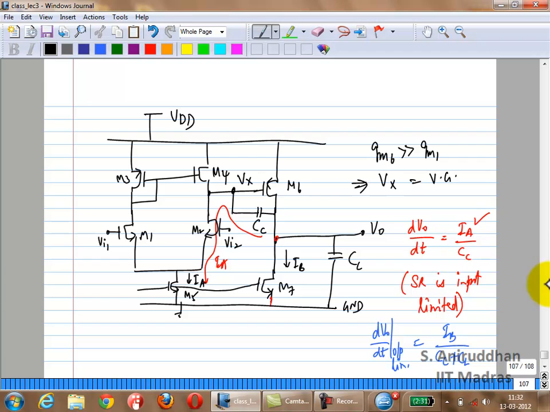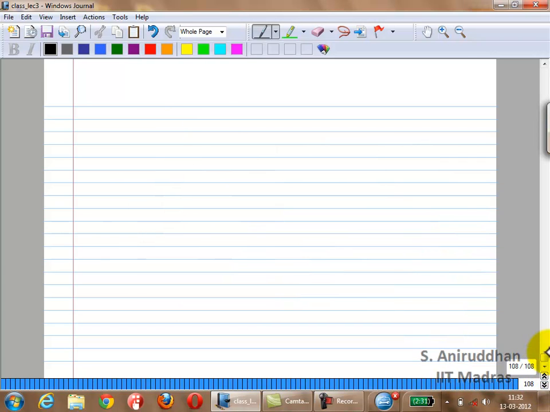What you will find is that CC needs to be greater than or equal to, of course there is an inequality here, something like this.